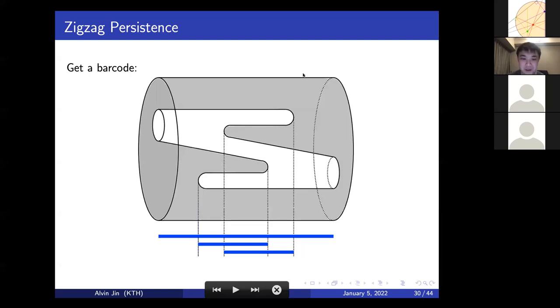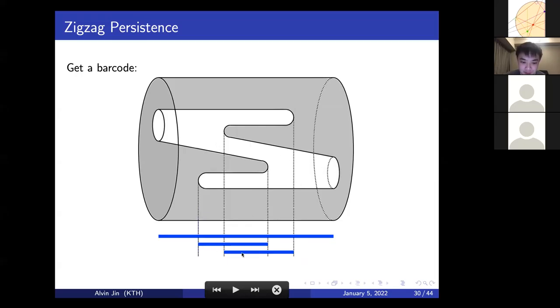And what do we do? We count the holes. In this shape, one of the more obvious ones, we get this bar that arises. It's this full-length hole there.